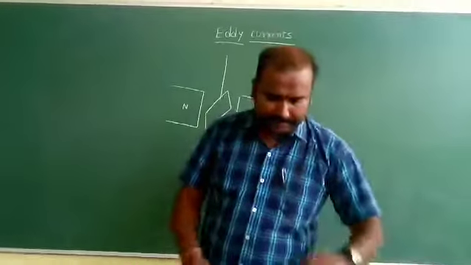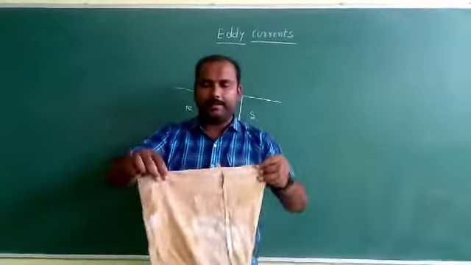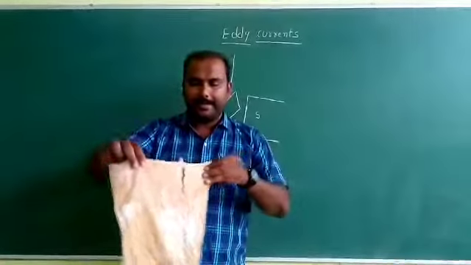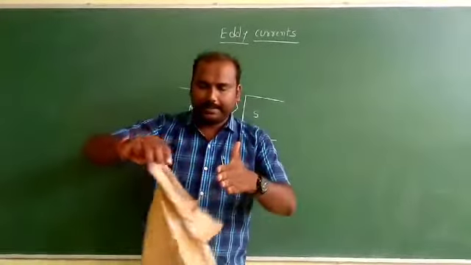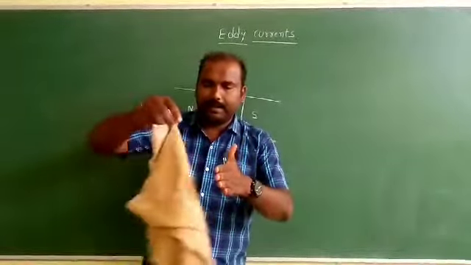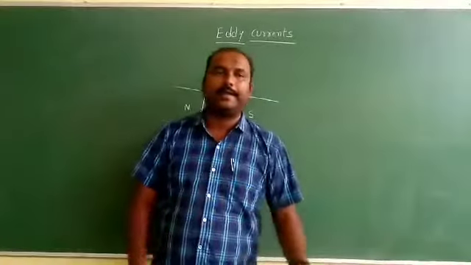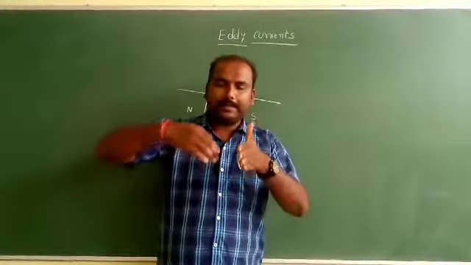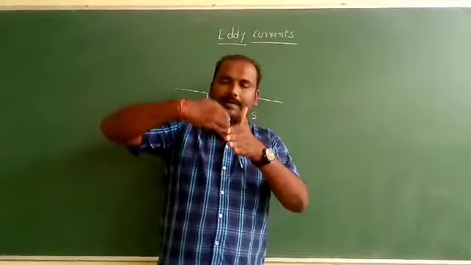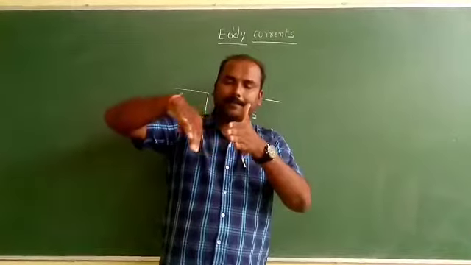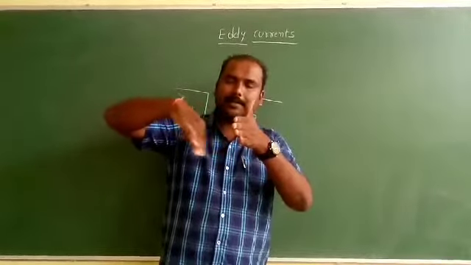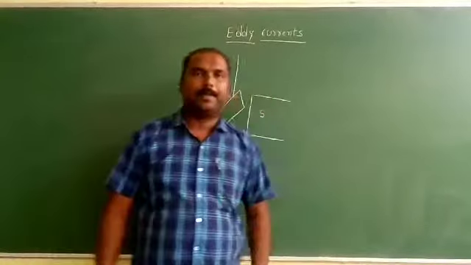Imagine that the metal plate is oscillating between the north and south of a strong magnetic field. Like this, the plate is oscillating.